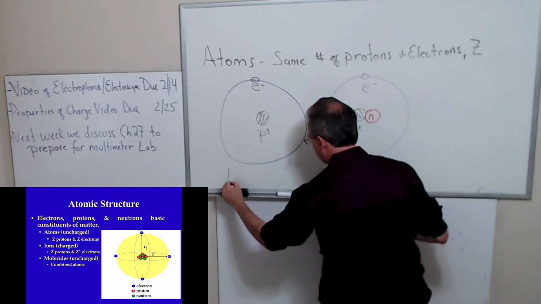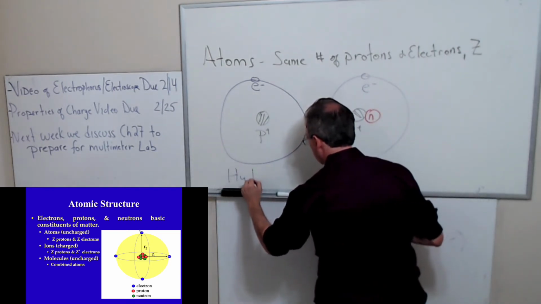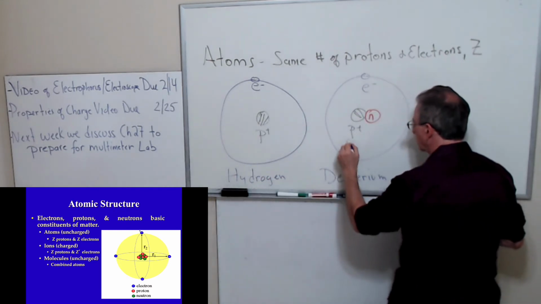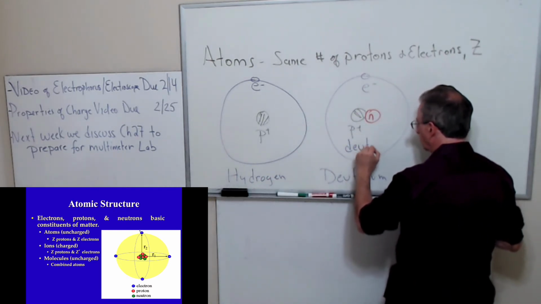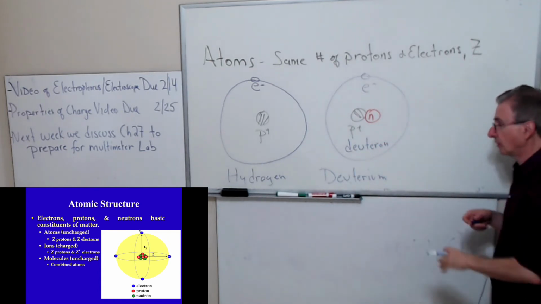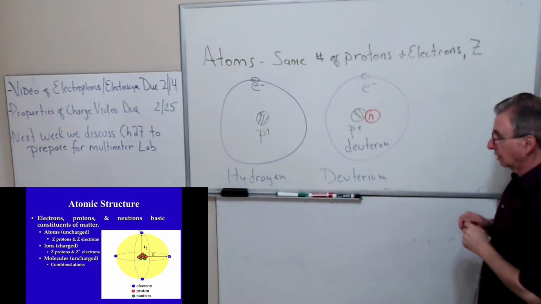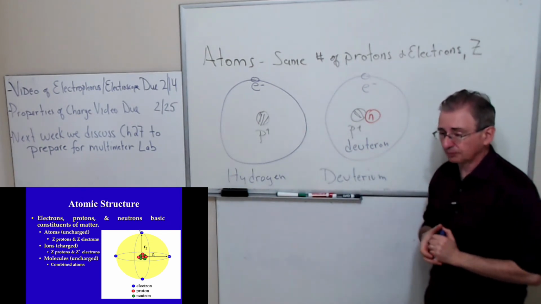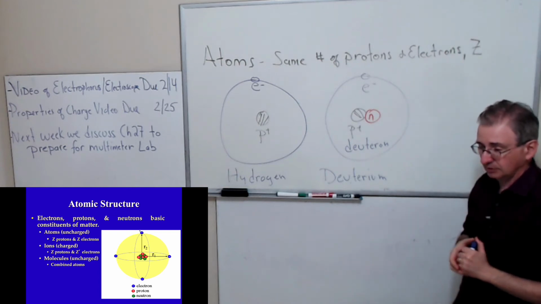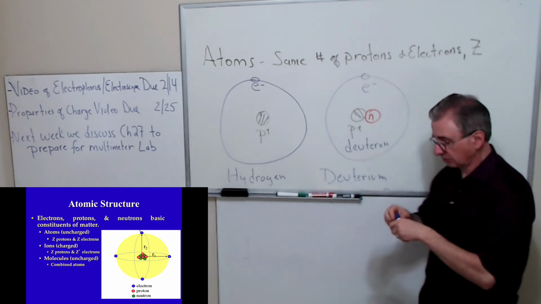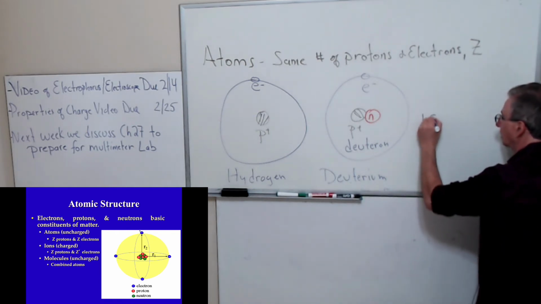This, of course, is hydrogen. The nucleus is called a deuteron, which I discussed at the end of the unit on relativity. They're the same atom, but they're two different isotopes of the same atom. So when I change the number of neutrons in the atom, I have different isotopes of the atom.